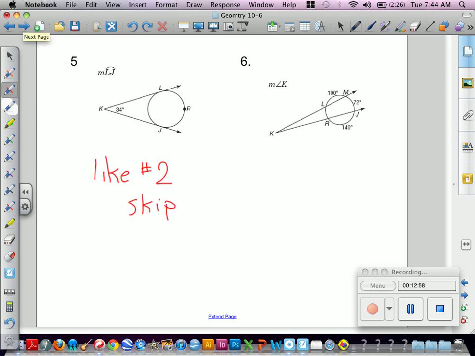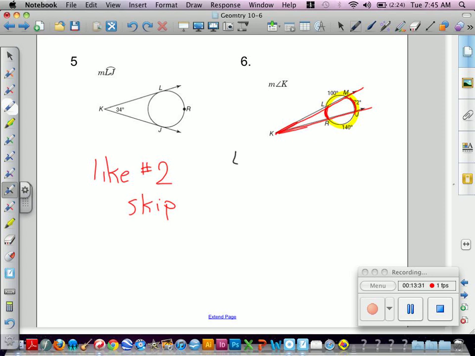Let's take a look at our last example. We're looking for the angle K. And so I know I have an outside angle. So I'm going to take my big arc minus my small arc. Now I'm looking for K, and I don't have a number here for LR. I don't want to add another variable, so I need to figure out what LR is. Notice you're given all the other arc angles in the circle, except for LR.